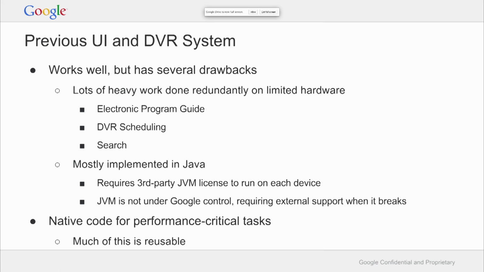The electronic program guide specifically is a huge piece of data when you consider the size of the device we're talking about. That's hundreds of channels times 2 weeks of time. There's lots of data other than just the name of the show and what time it's on in there. There's lots of metadata that goes with it. And we distribute that to each and every storage box in the fleet. And that's probably not the best way to do it.